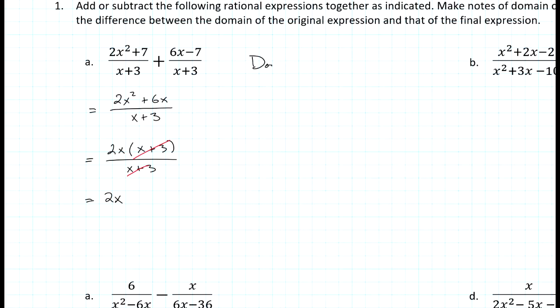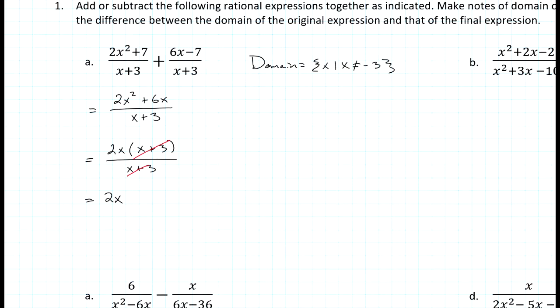So the domain at the very beginning was simply the set of x such that x cannot equal negative 3. Since we just have that single denominator, repeated, that x plus 3 in the denominators means that x cannot equal negative 3.